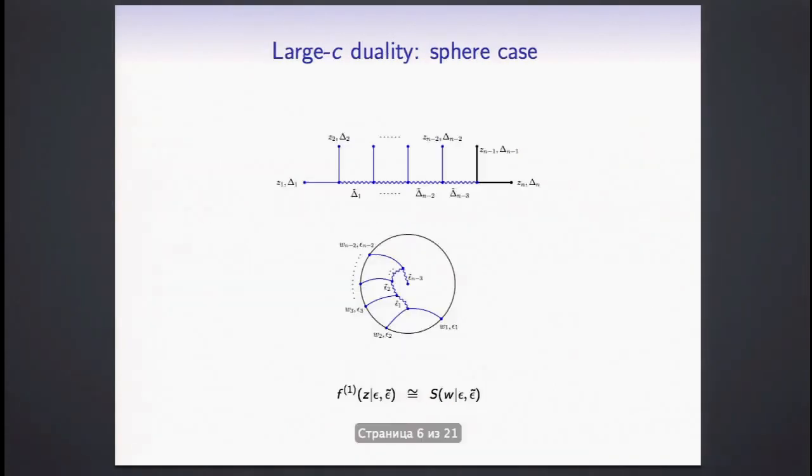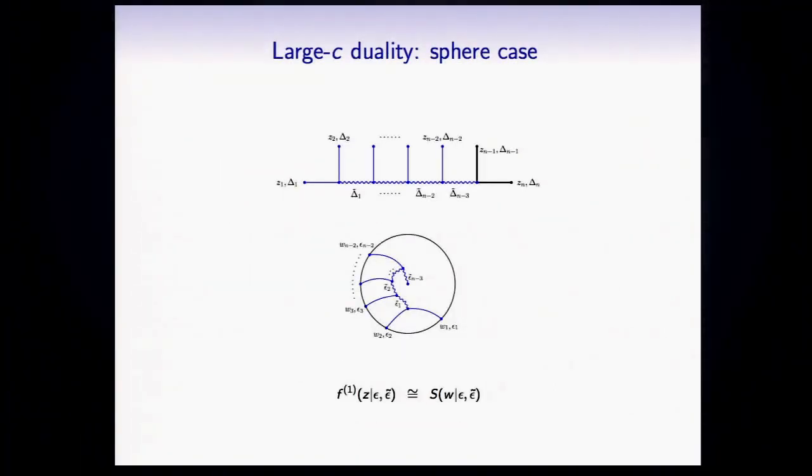There is a simple mnemonic rule which helps us build this geodesic network for a given conformal block diagram. To this end, we draw in black the two rightmost operators. They are the heavy background operators, while the other lines correspond to heavy perturbative operators, including exchange channels.